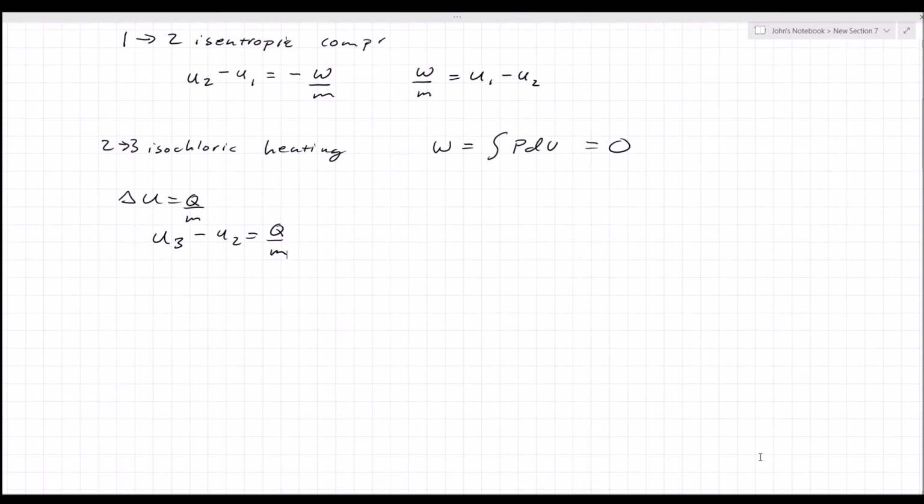So now we're going to adiabatic expansion. Well, adiabatic, remember again, Q is equal to 0. So you're going to get the same system up here. You're going to get the work divided by the mass is equal to U3 minus U4.